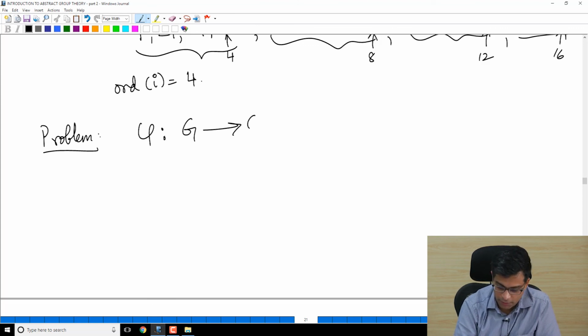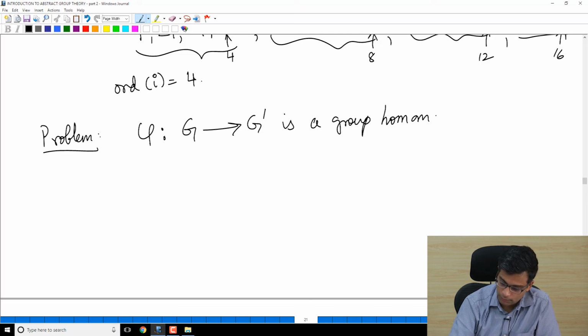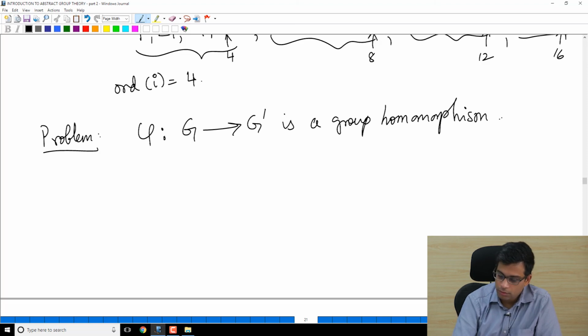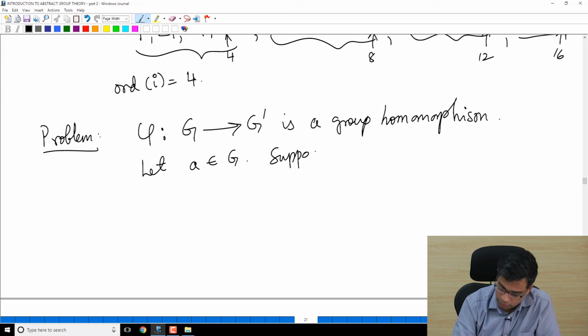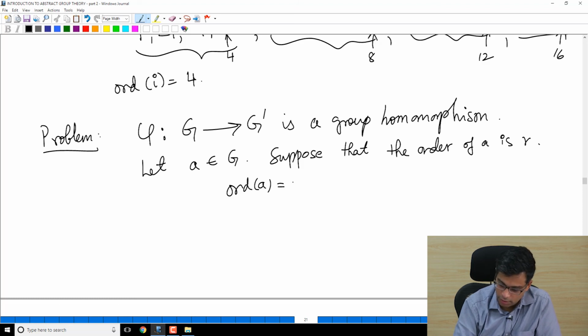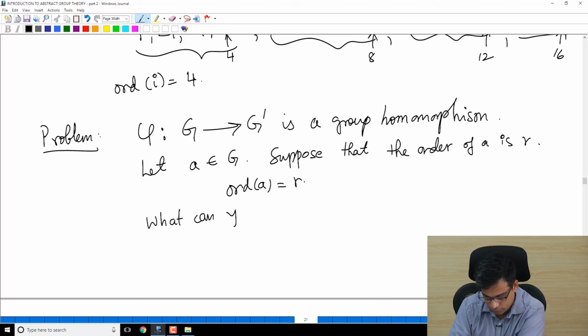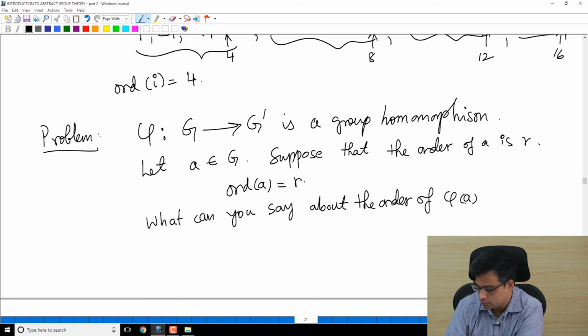So let's say phi from G to G prime is a group homomorphism, and let's say I take an element A in G. Suppose that the order of A is R. The problem is, what can you say about the order of phi of A?